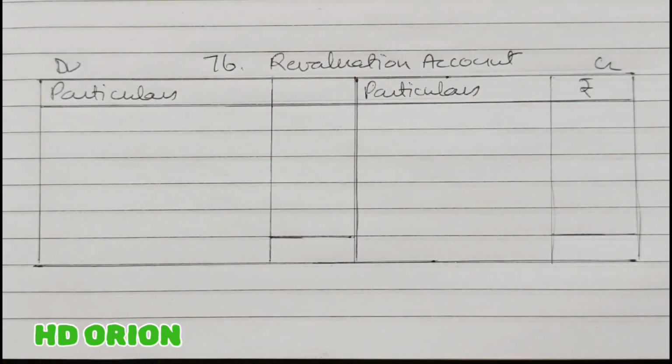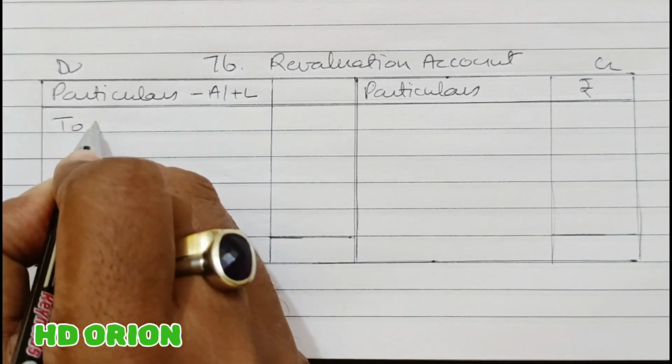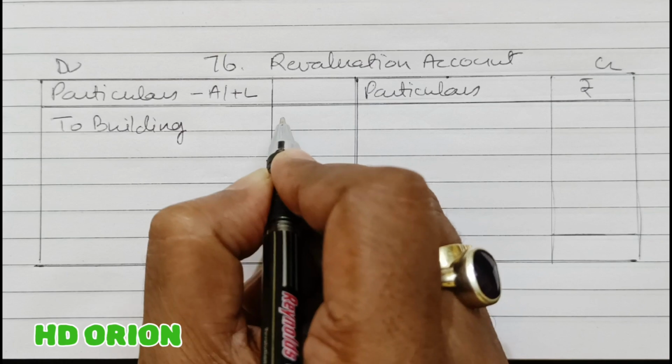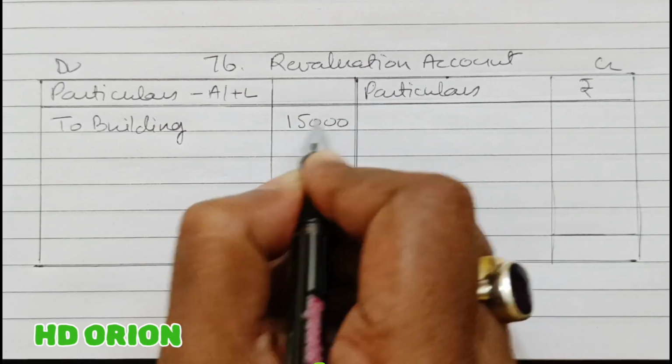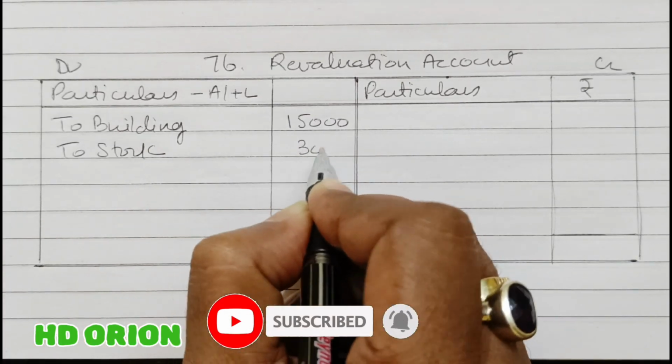So solution 76. It is stated in the question that building and stock are overvalued. So decrease in asset will be recorded on the debit side, to building. And it is overvalued by rupees 15,000, and so is stock by rupees 3,000.